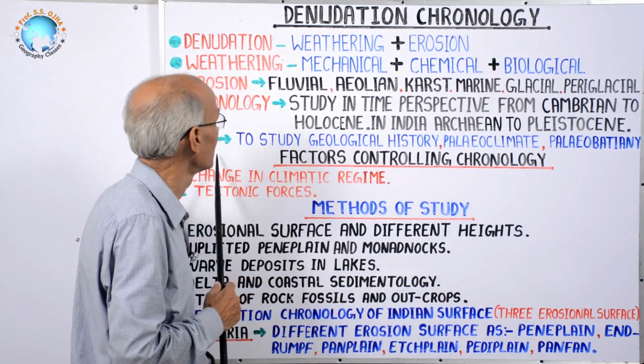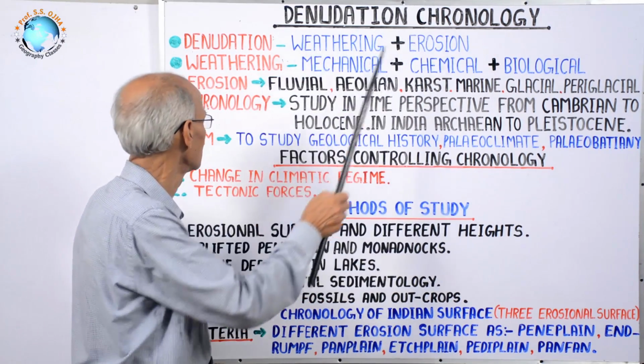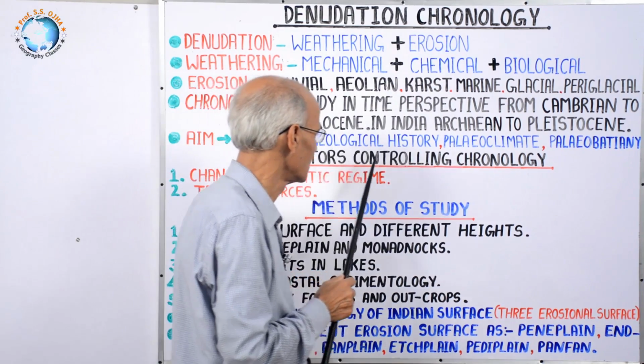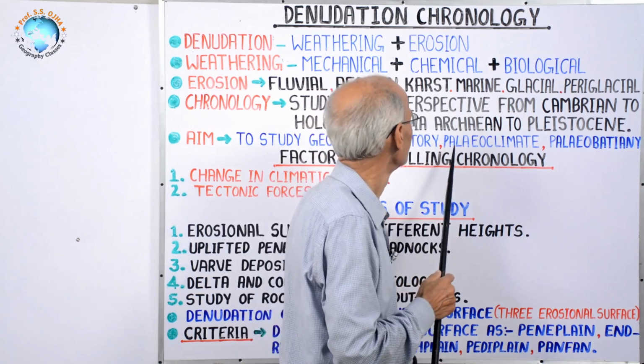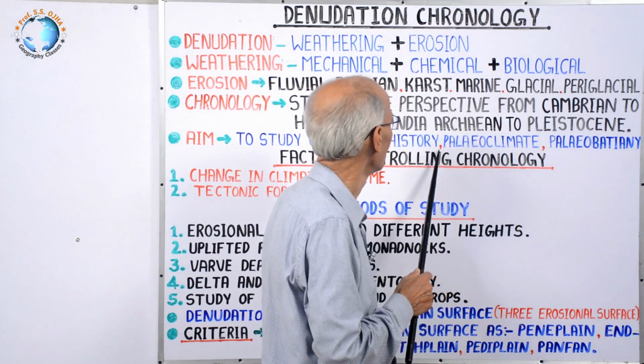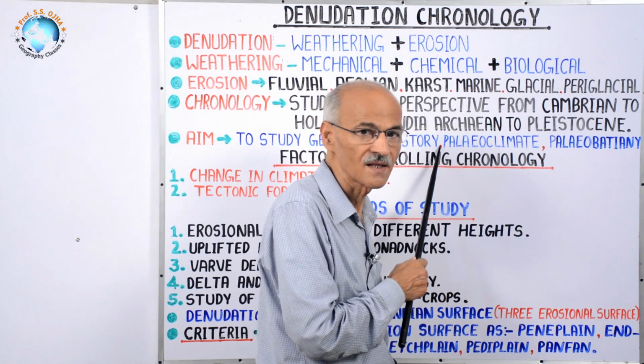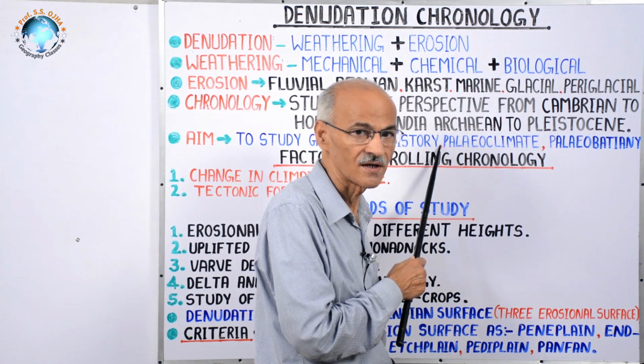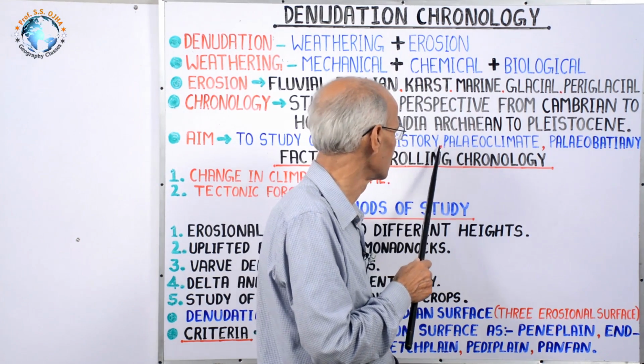And what is the aim of study of denudation chronology? Its aim is to study geological history, and geological history is as important for geomorphologists and geologists as history of man for him or history of society.